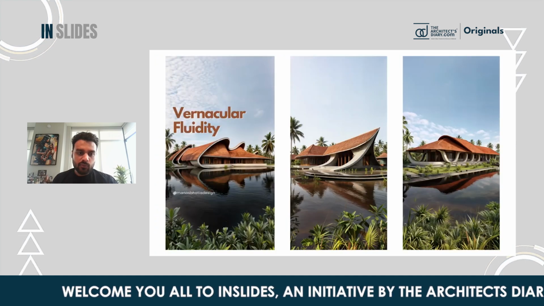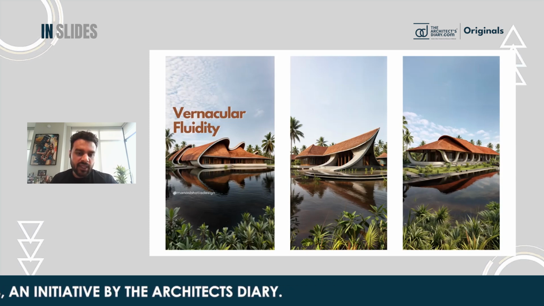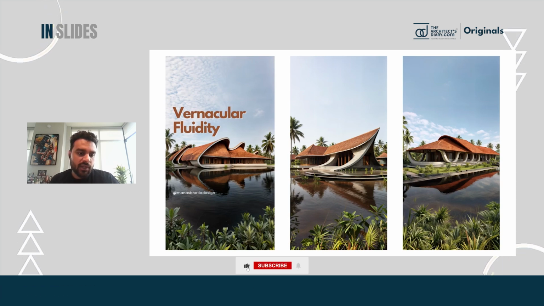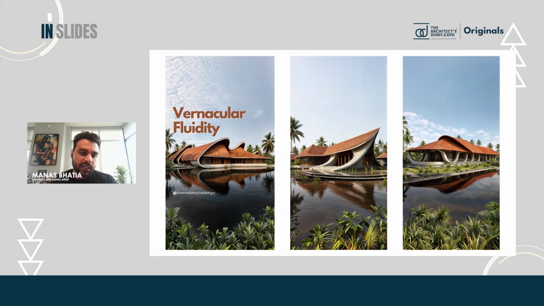And moving on to more conceptual imagery. With AI, there is a lot you can do. What I'm trying to do here is explore new styles of architecture, new forms of buildings.